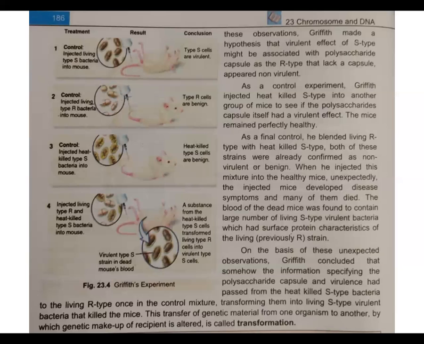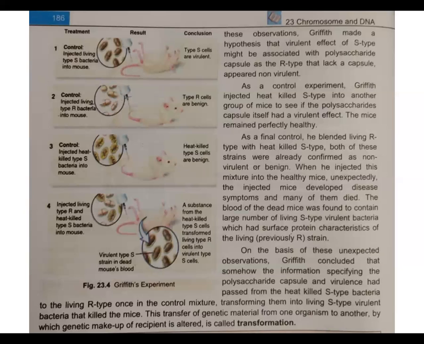In the control, he injected living S-type bacteria into the mice. They died, and their blood was found to have this virulent S-type form. In another experiment, he injected the living R-type, and the mice remained perfectly fine. In a third experiment, as a control, he injected heat killed S type into the mice, and the mice remained perfectly healthy.